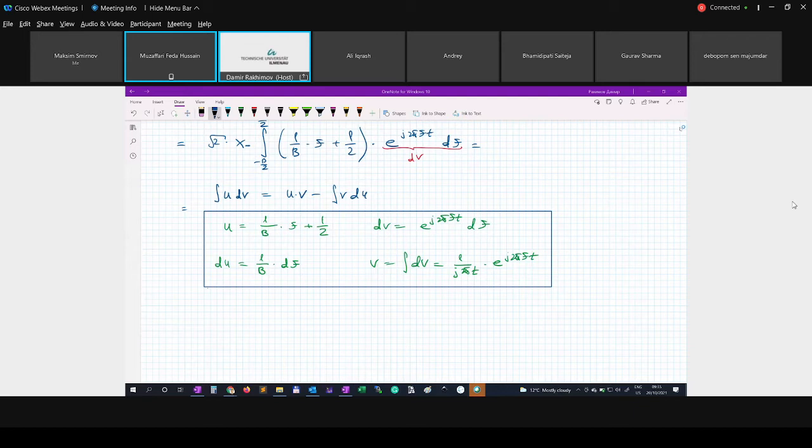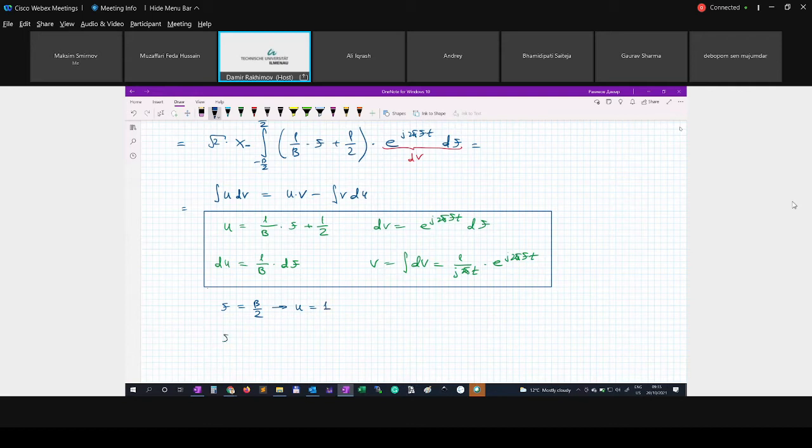The first limit is f equals B over 2, and then you substitute into the expression above. This leads us to u equals B over 2 times 1 over B, which is 1 over 2 plus 1 over 2. It will be 1. Okay, good.